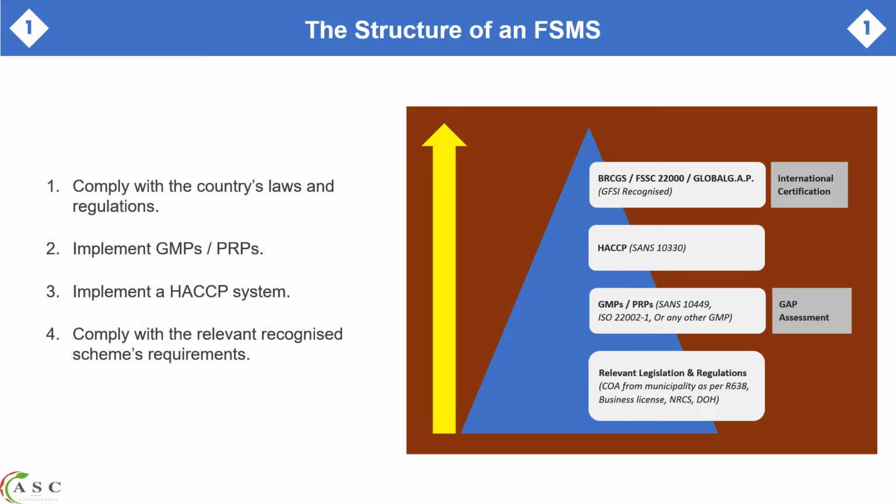That's where you have to do a risk assessment to determine what are the possible risks that your product could face or that your process poses to your product, and ensure that you implement necessary controls to prevent that risk. The fourth then will be to comply with the relevant recognized schemes requirements, and in this case we are going to be looking at the BRC Global Standard for Food Safety Issue 9 requirements.